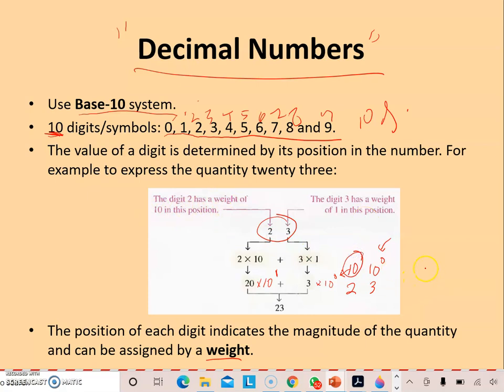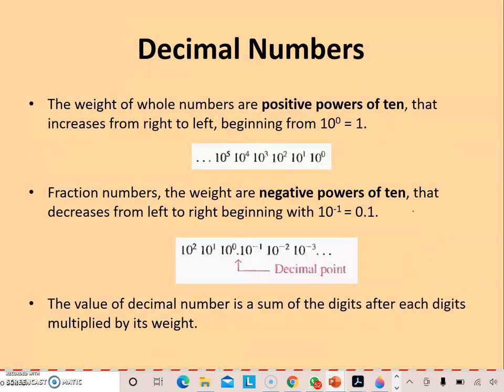For example, let's say you have 323. So this one, the weight is 10 to the power of 2. The weights of whole numbers are positive powers of 10 that increase from right to left, beginning from 10 to the power of 0.